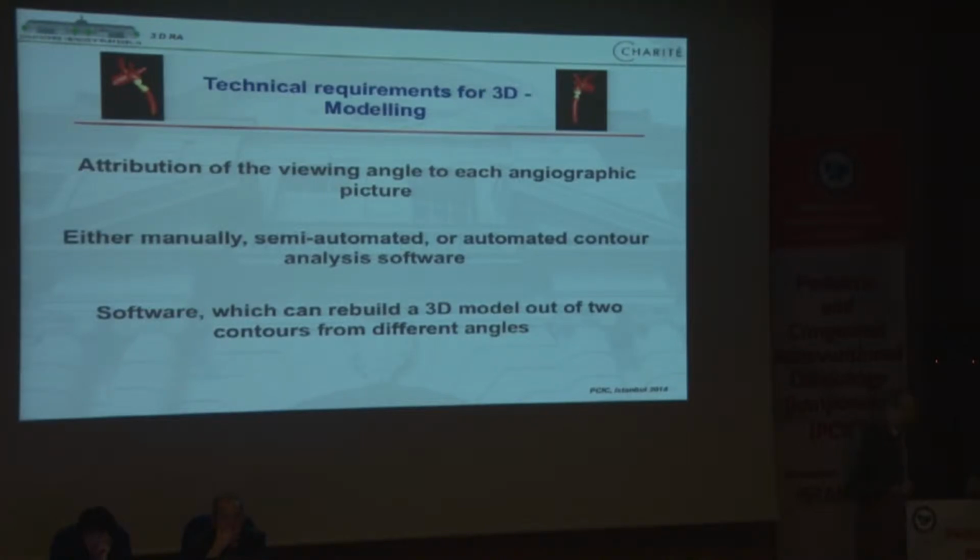Software which can rebuild a 3-dimensional model out of 2 contours from different angles would be the best, if you just need a biplane machine and do just one short angio shot, and you can reconstruct from these 2 angles a 3-dimensional model. That will be the future, but it's not available yet.